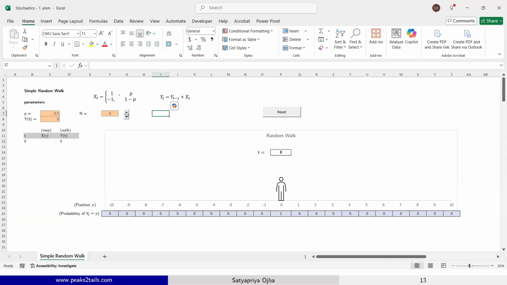So let's see. It took a value minus 1. Step is minus 1, walk is also minus 1, right? You're here. Another step, again you took a value minus 1, so you're here. Now you took a value plus 1, so now you came back to minus 1. So this is how it will evolve.